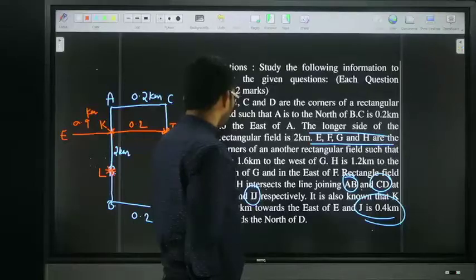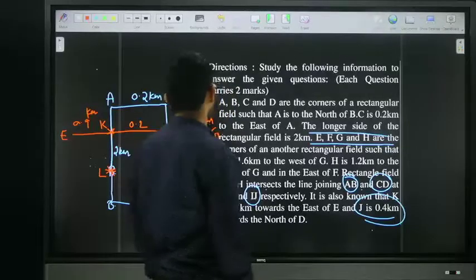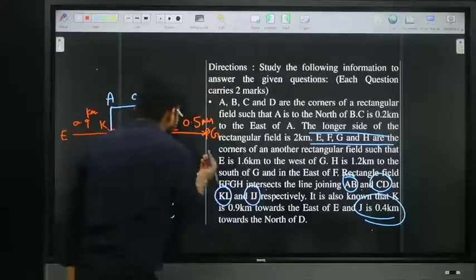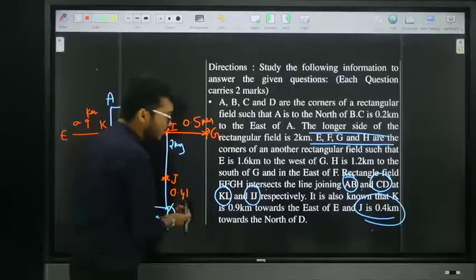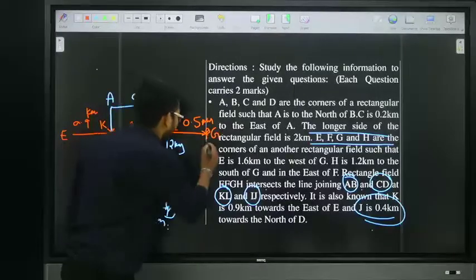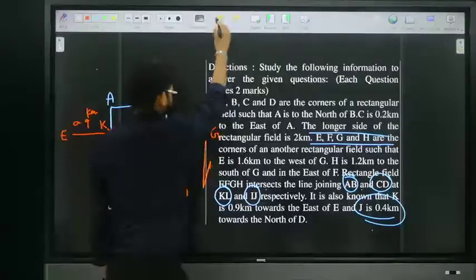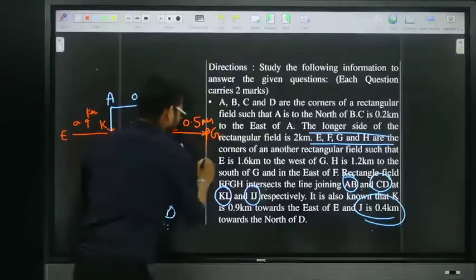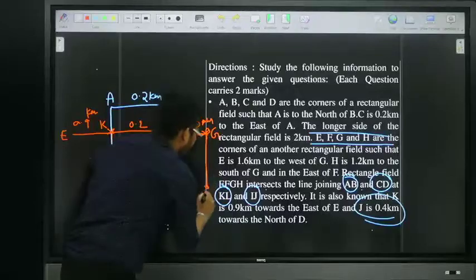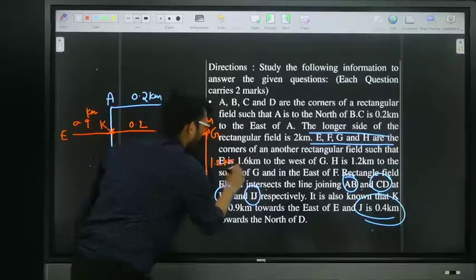Next one is what? H is 1.2 kilometer to the south of G. See here.